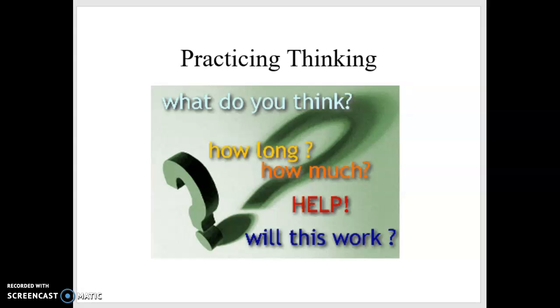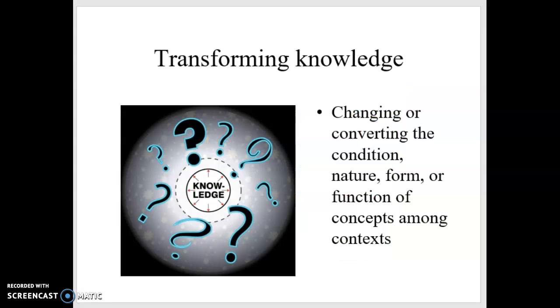As we move through this, we start to transform the knowledge. We start to change or convert the way that we look at concepts because we start to look at the nature, form, and function of those concepts along with the context, or within the context.